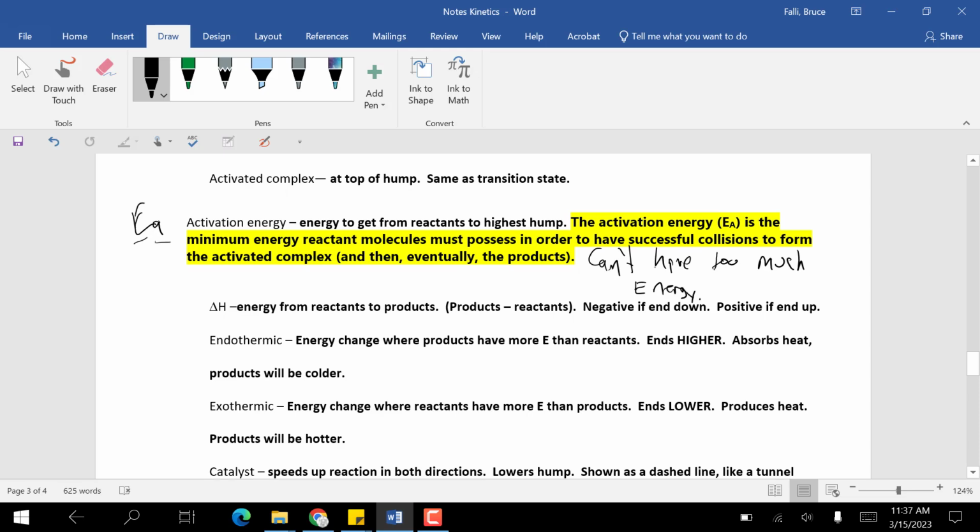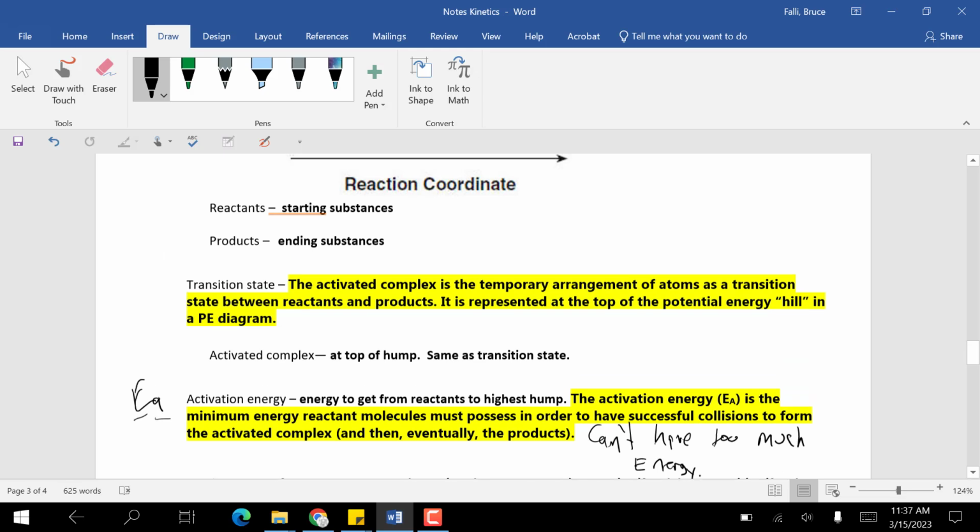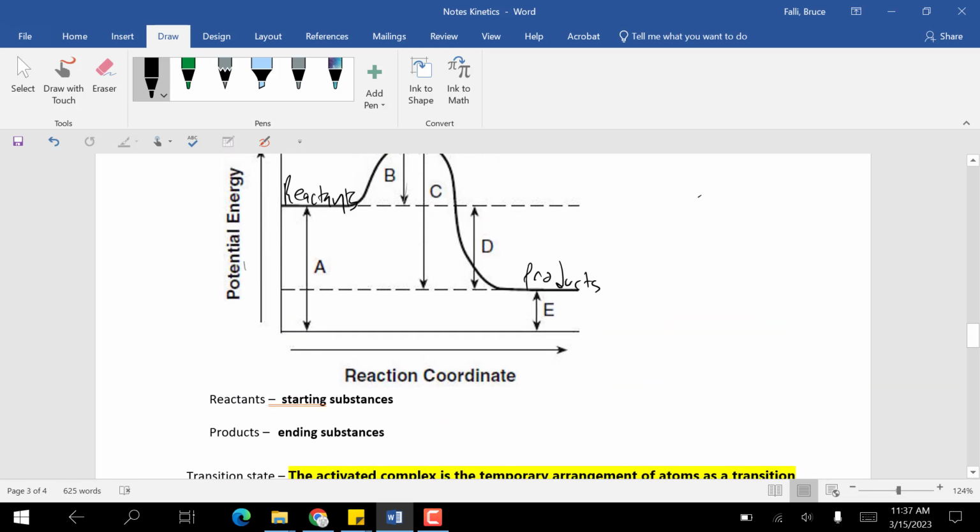Delta H, energy from the reactants to the products. So it's going to be the products minus reactants. So looking right here, from my reactants to my products, that would be the delta H part right here.